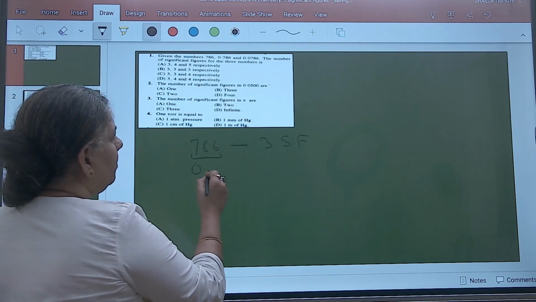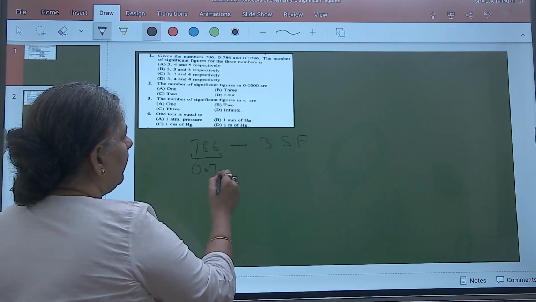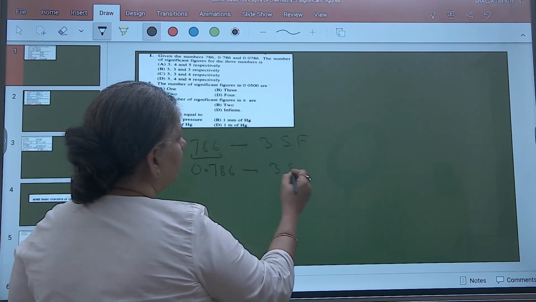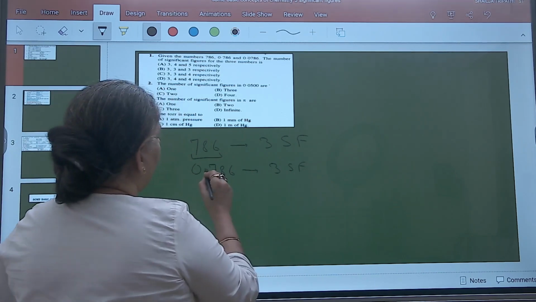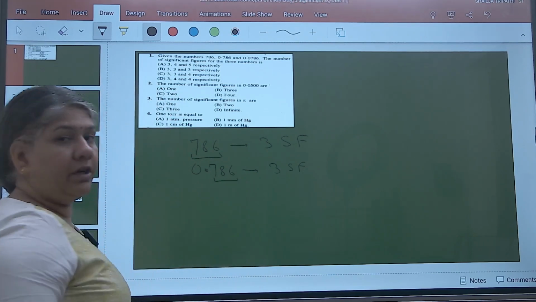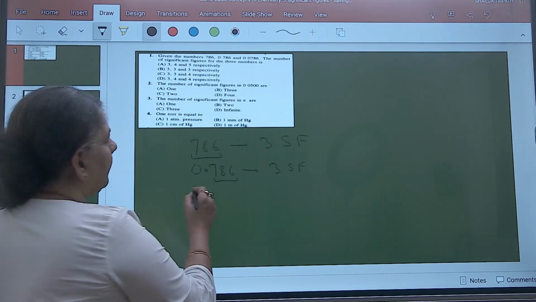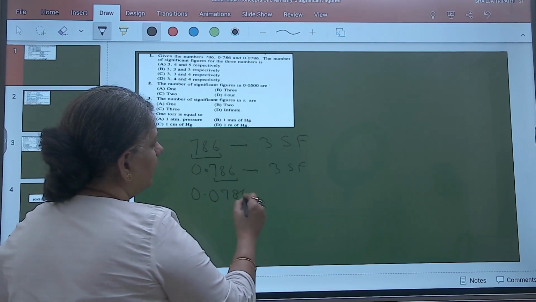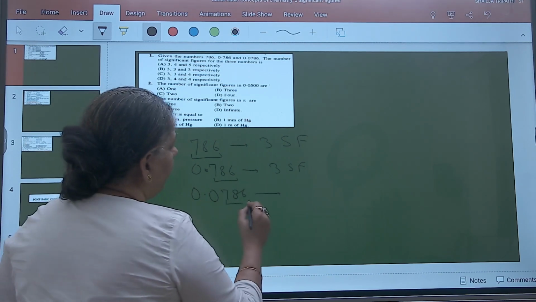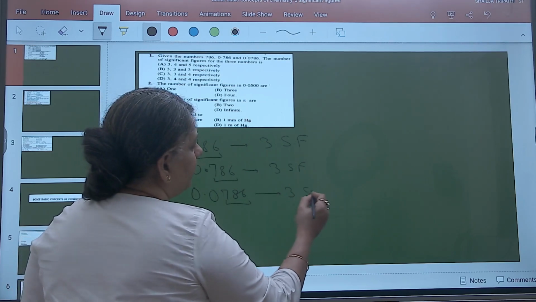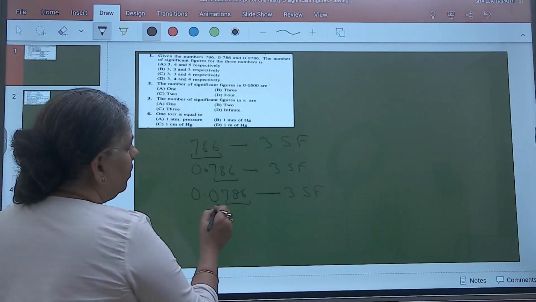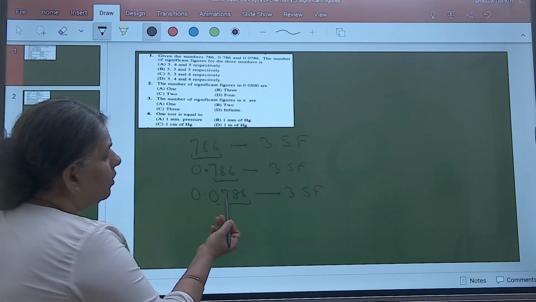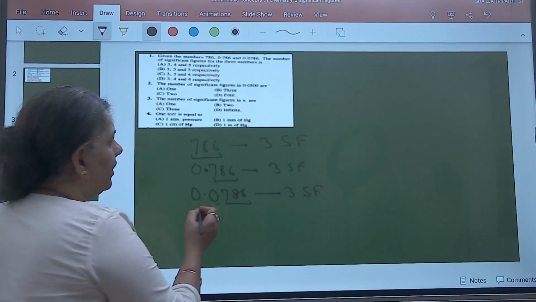Again, 0.786 has three significant figures. Again, all non-zero digits are significant. Then 0.0786. Here again we have three significant figures because 0 to the right of the decimal and before a non-zero digit is not significant.